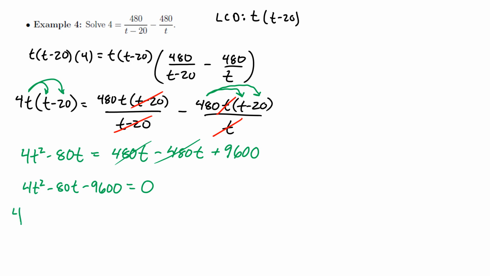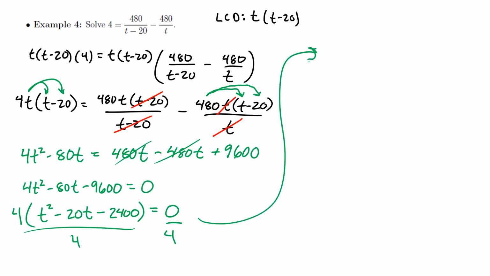So I'm noticing I can definitely take 4 out of there. And let's see here, 96, so that's going to be 2,400. And then, of course, you can divide by 4. All right, so this becomes t squared minus 20t minus 2,400.